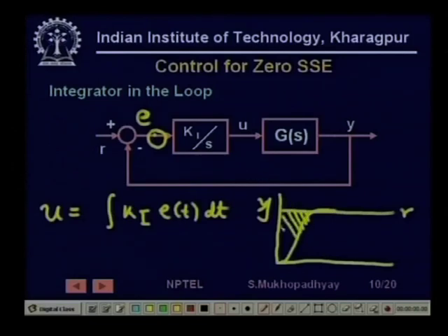The output of this block is going to be the area under the curve, because this is the error, this is y and this is r. So, r minus y is this vertical distance. So, this is the area, right. Even if the error remains 0, this area remains finite. So, you can generate a finite u even when the error is 0, you can keep generating it. So, having an integrator helps.